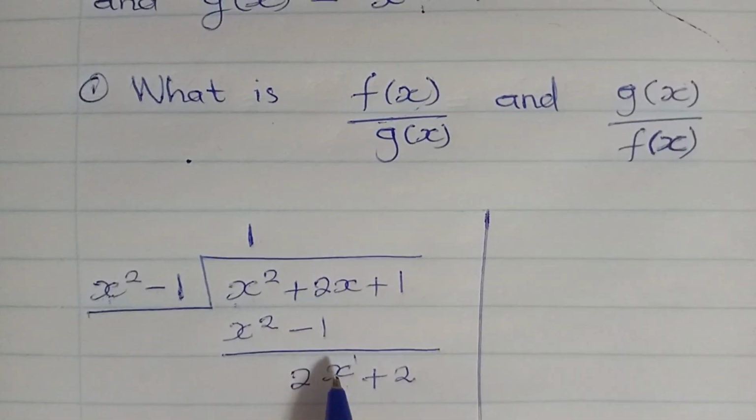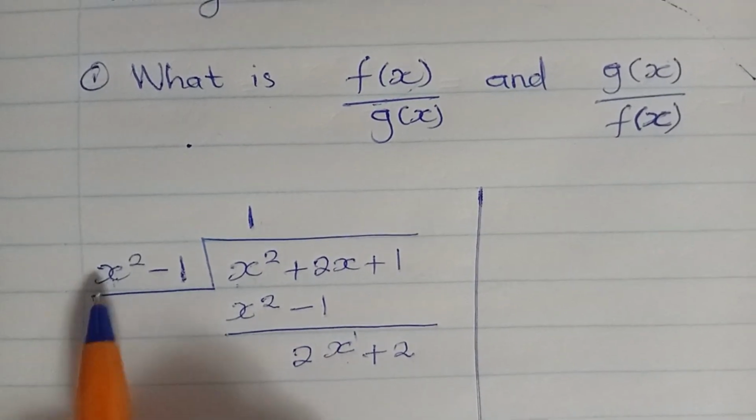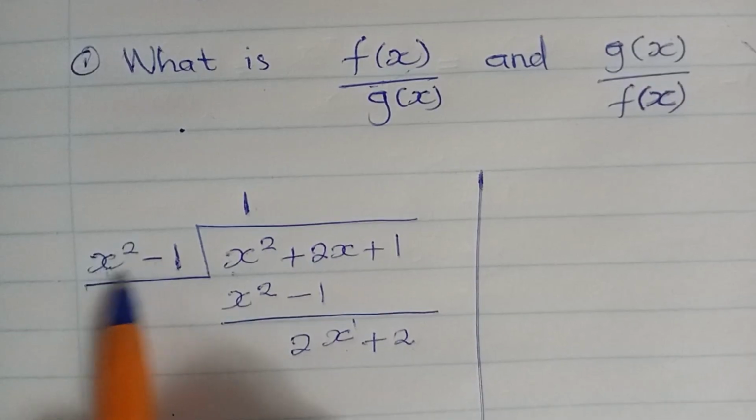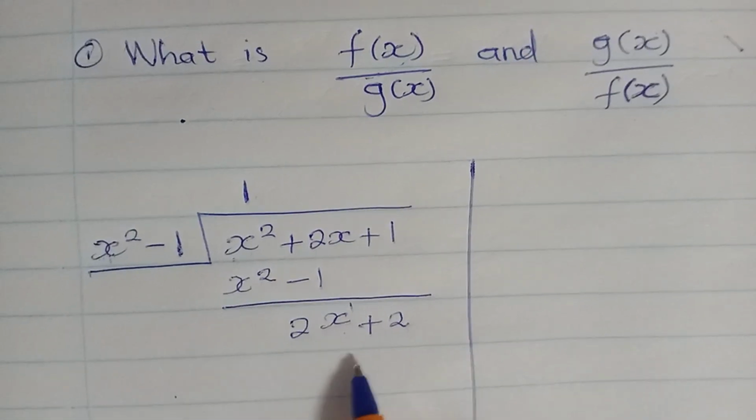This is what I mean when I say that if you have a term with a degree less than that of the term we are dividing with, then whatever you got there is your remainder.